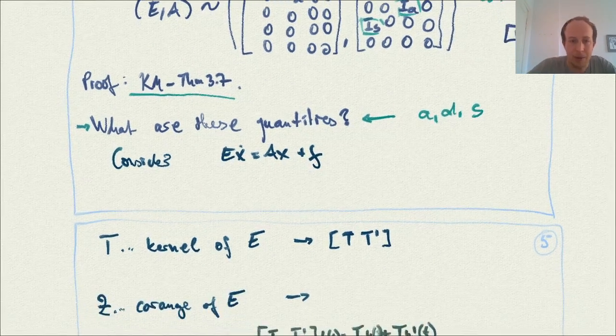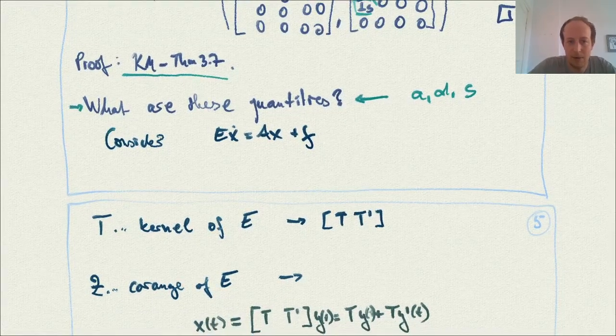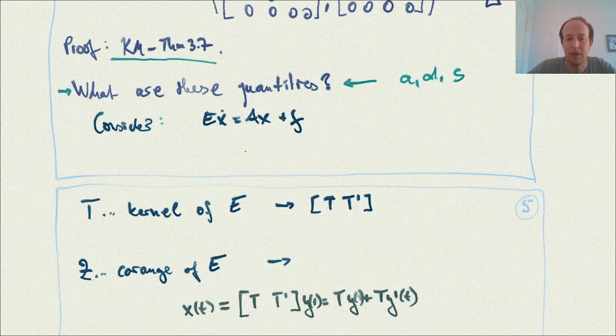Well, let me motivate this like this. So consider again this E x dot is A x plus f. Here E and A are constant matrices, but actually for what follows, it wouldn't matter if this is E of t and A of t. Then of course you will get the kernel T of t, you will get this co-range Z of t. So this will depend on t, but that doesn't matter for what we consider now.